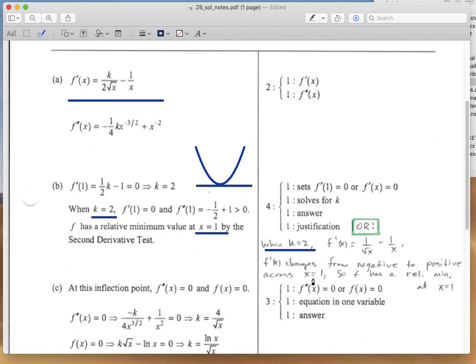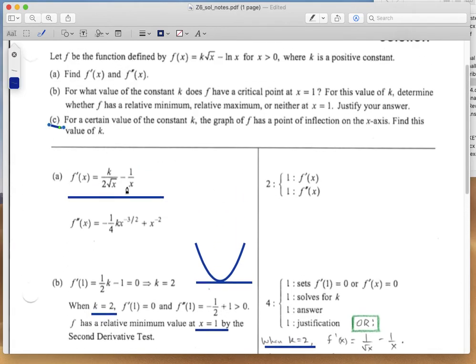And when the first derivative changes from negative to positive, by the first derivative test, f has a relative minimum. Notice here, f is changing from decreasing to increasing, which means that f prime is changing from negative to positive across x equal 1, and that's just exactly what we said. If f prime changes from negative to positive across a critical number, it has to be a minimum. There's no way it can be a maximum.